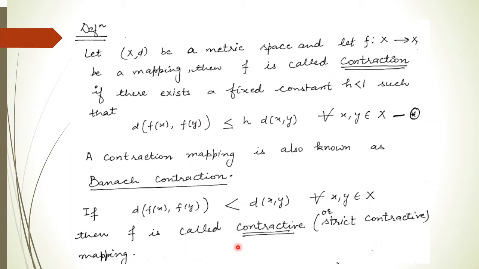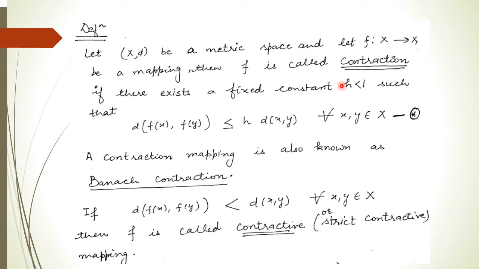Before defining strict contractive, I recall the definition of contraction mapping. Let X be a metric space and let f be a mapping from X to X. Then f is said to be a contraction if there exists a fixed constant h which is less than 1. This h may be represented as alpha, k, and many more.